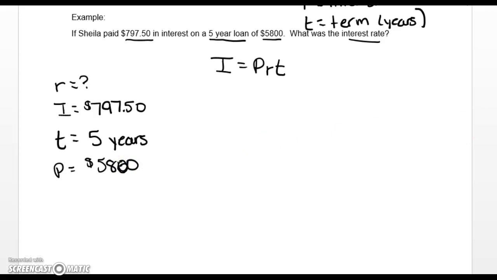In order to solve for R, we're going to fill in the information that we know and then solve for R. In our formula, we have I, which is $797.50, equal to your principal, 5,800, times the interest rate, which we don't know, times the term, which is 5.